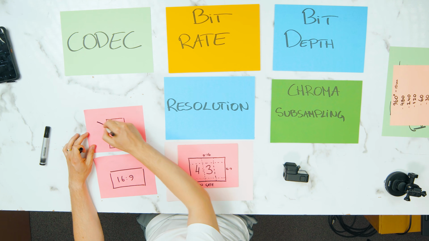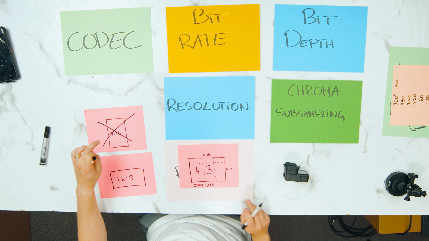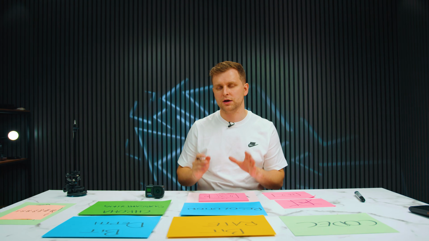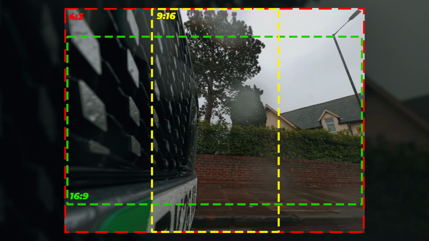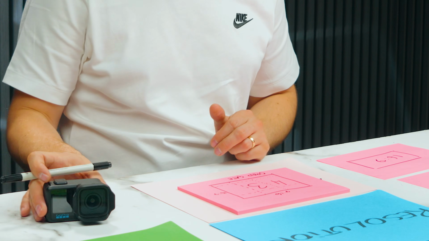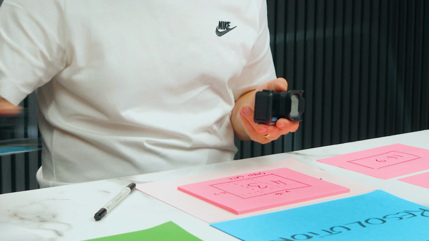9:16. I think most people should not shoot this aspect ratio because it massively limits what resolutions and frame rates you can do, because it crops the sensor this way.